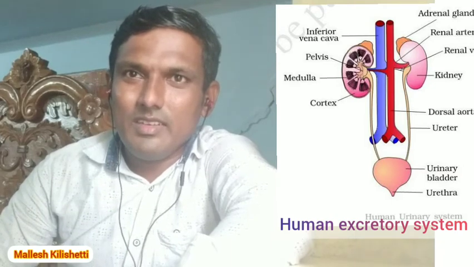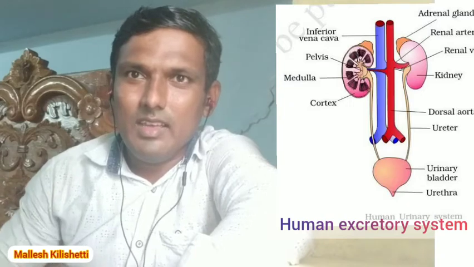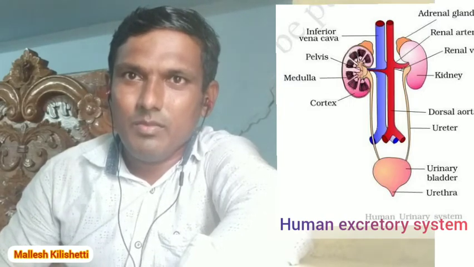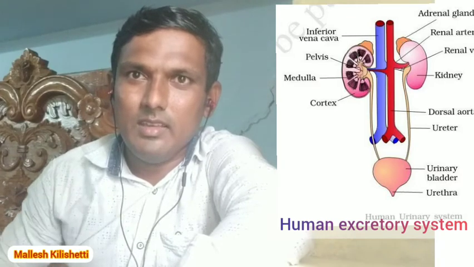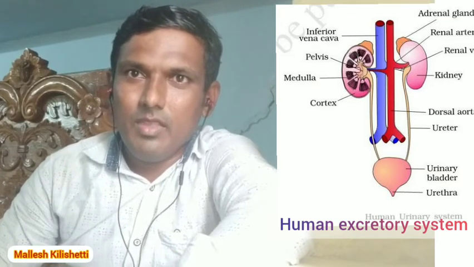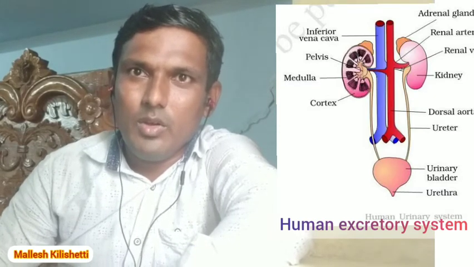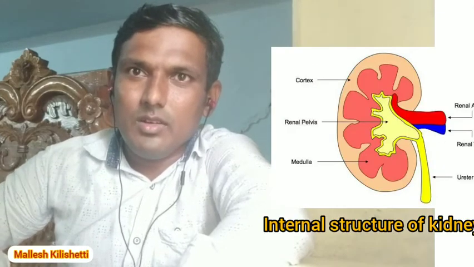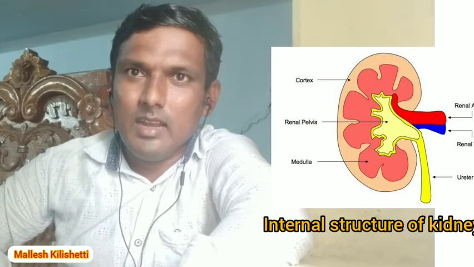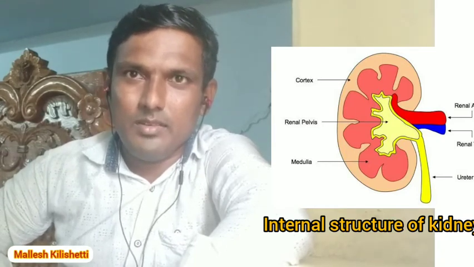In the kidney, the outer side is concave and the inner side is convex. Through the renal artery, blood enters the kidney. Inside the kidney, the reddish dark region is called the cortex, and the pale region is called the medulla.